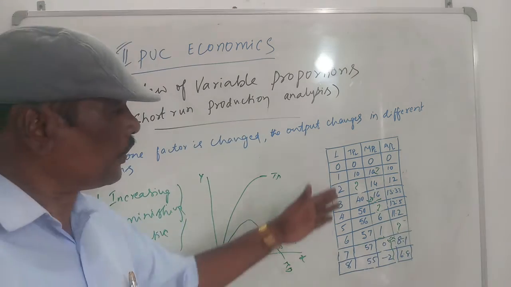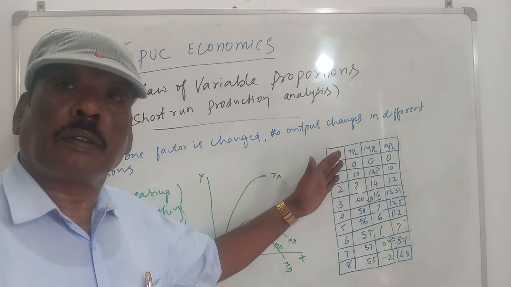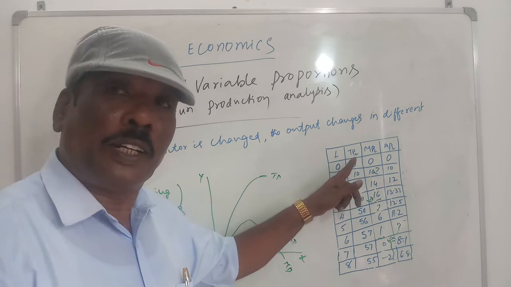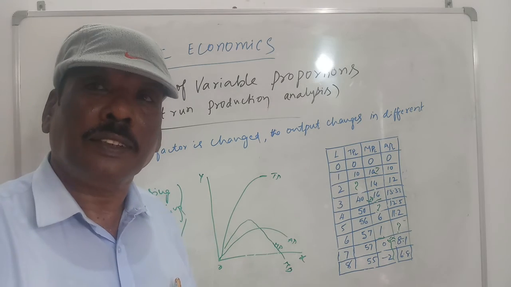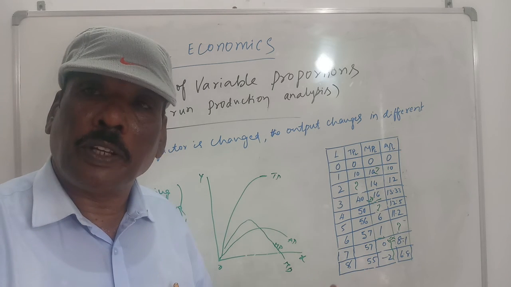So a question will be asked for 4 marks. Find out the missing product. That will be dealt with later in the next video. So this table is very, very important.